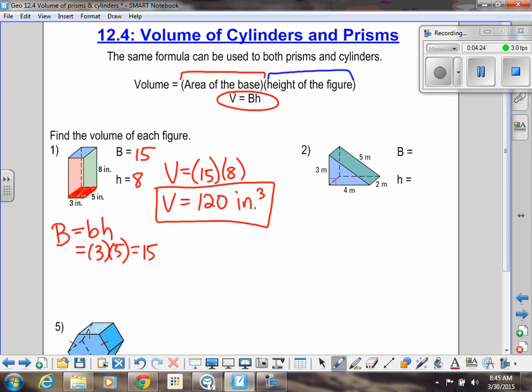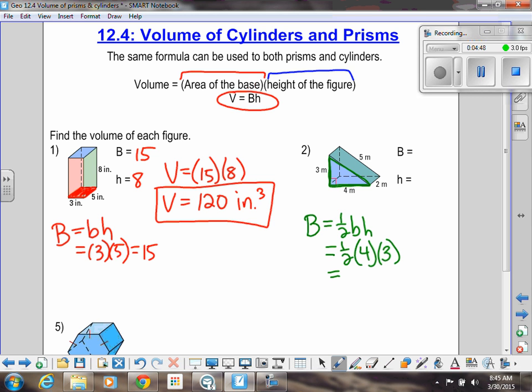All right, let's go over to the triangular prism. Here, the base is a triangle. Remember, it's not necessarily what it's sitting on. It's the shape that's different from the rectangle. So the area of the base of a triangle is 1/2 base times height. The base of this triangle is 4, and the height of the triangle is 3.